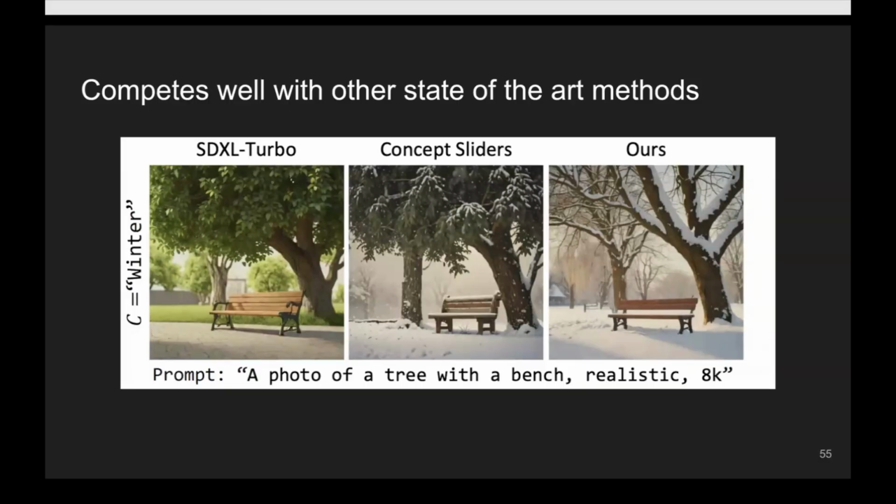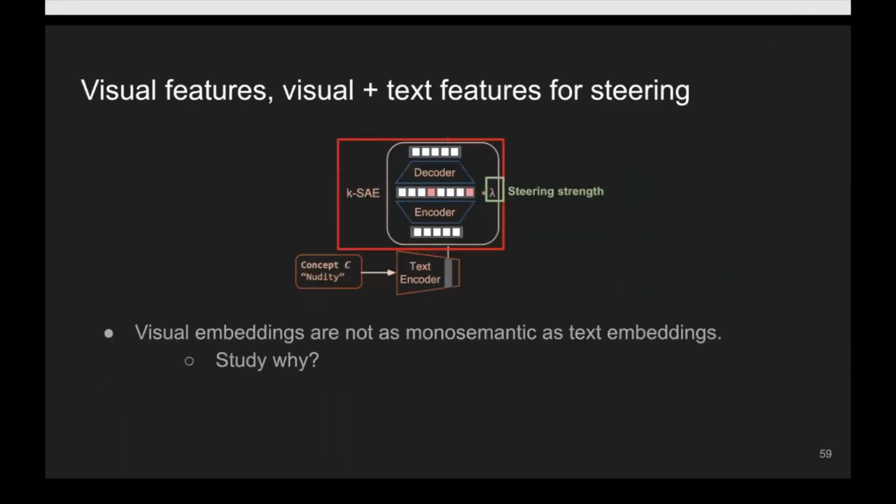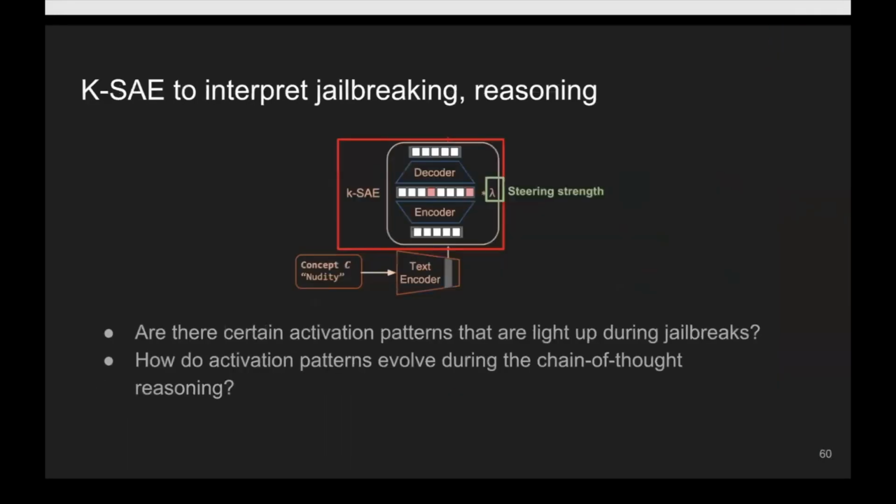Do you think part of the reason steering on the image domain is not as nice is because it's more difficult to do correctly? Steering on the text side, you're just adding to one vector, and the model figures out which spatial locations to update. If you would steer on the visual domain, you would have to pick a layer, pick a time step and do this, but my hypothesis is these are not as monosemantic.